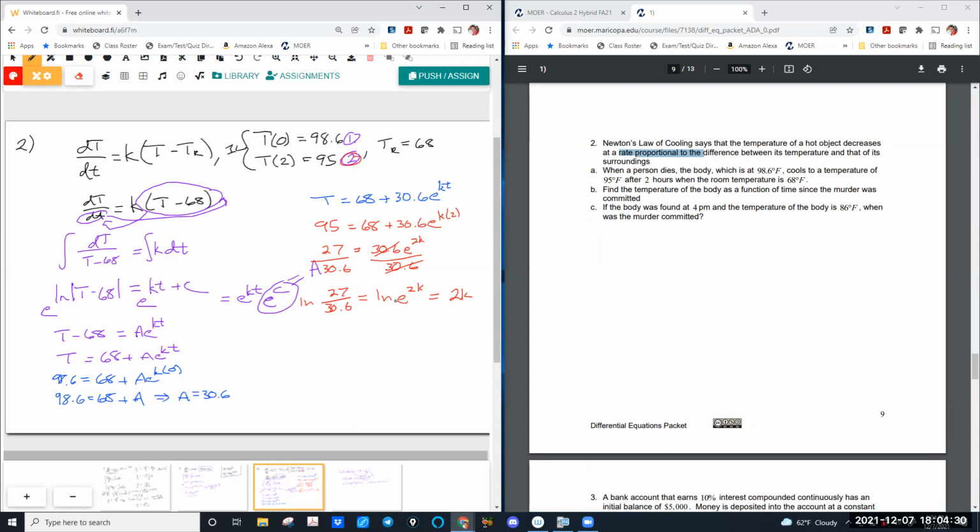Natural log and e are basically inverses of each other. So to solve for k, I finish up by dividing by 2. Not a pretty number, but this is exact, and I can deal with that being exact. So we now have a model for this temperature problem.